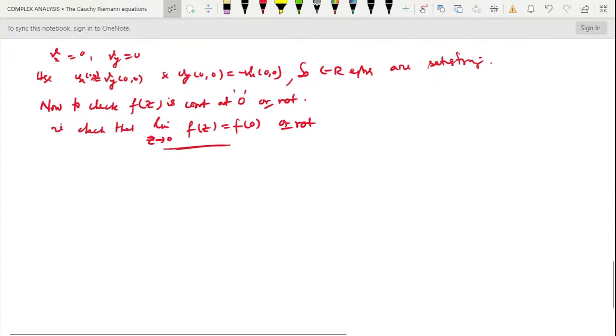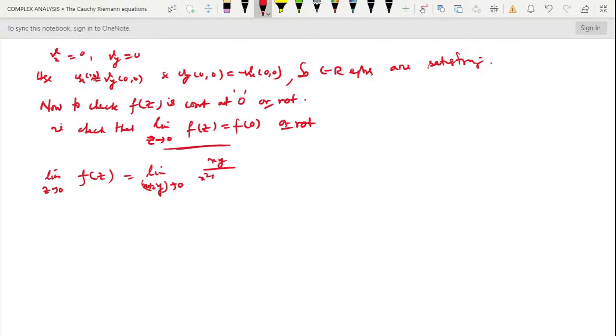So now evaluate the limit as z goes to 0 of f(z). Your z is x plus iy, so x plus iy goes to 0, and your f(z) is xy divided by x square plus y square.